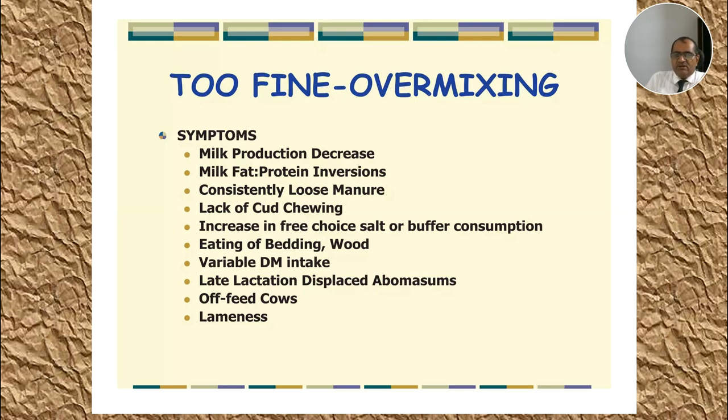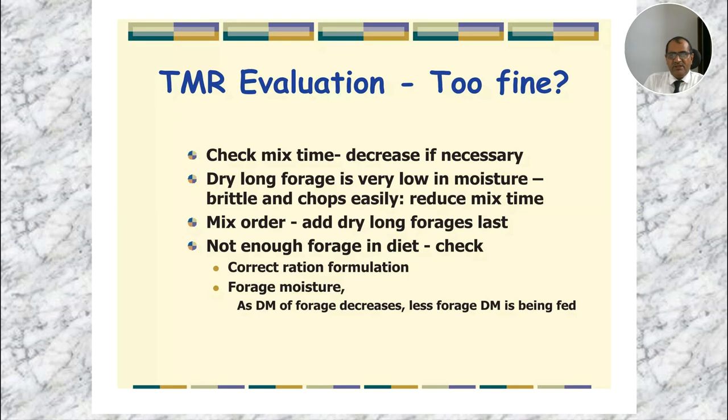Then eating bedding, wood, etc., if you make it too fine by over mixing. Then variable dry matter intake, sometimes late lactation displaced abomasums, then cows going off feed. Sometimes it also leads to lameness.